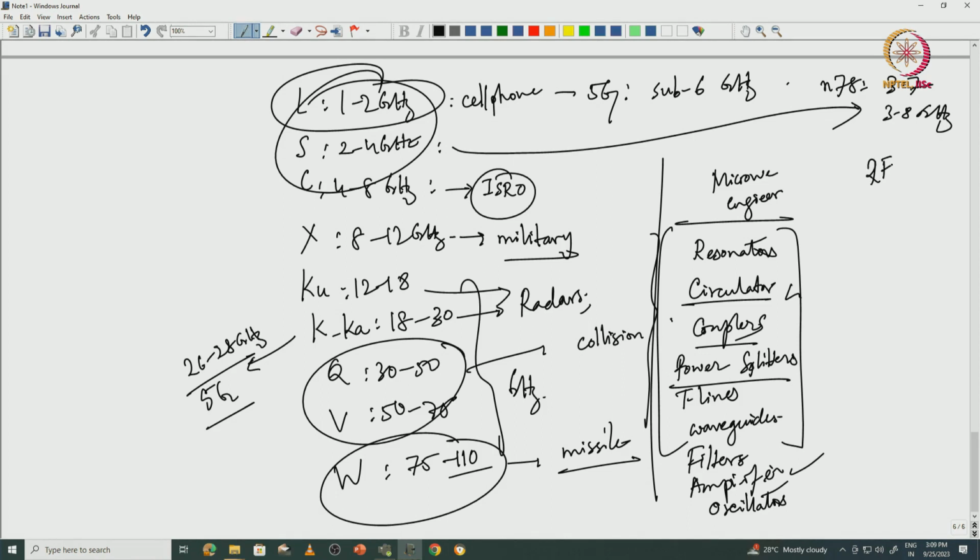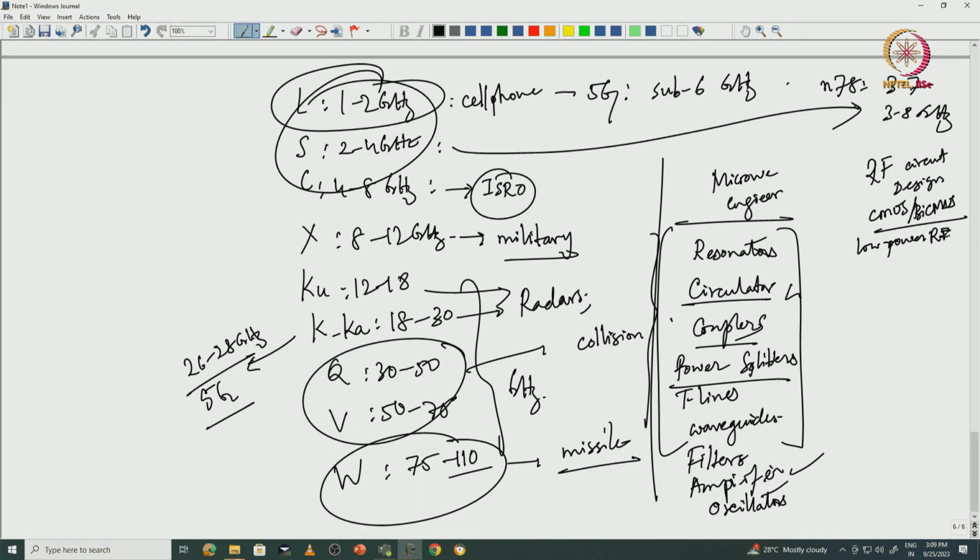Then there is this RF circuit design, and typically when you talk about CMOS silicon or BiCMOS, which is basically bipolar CMOS together, we talk about low power, low voltage RF circuit design, which is by the way very widely used.